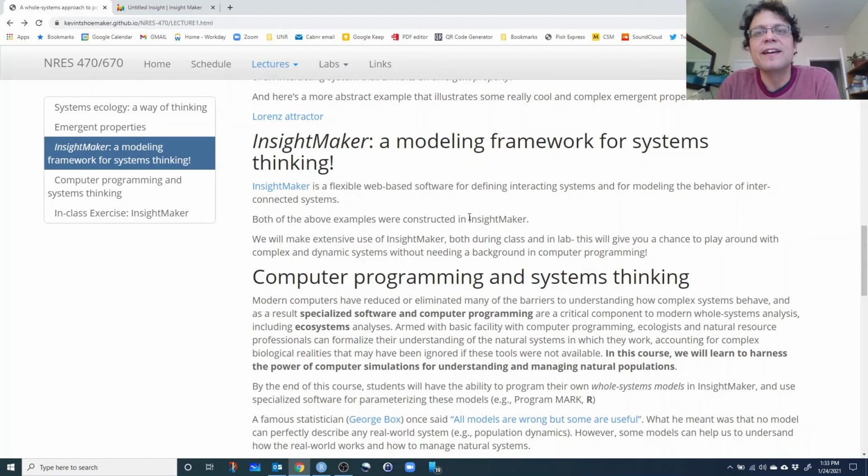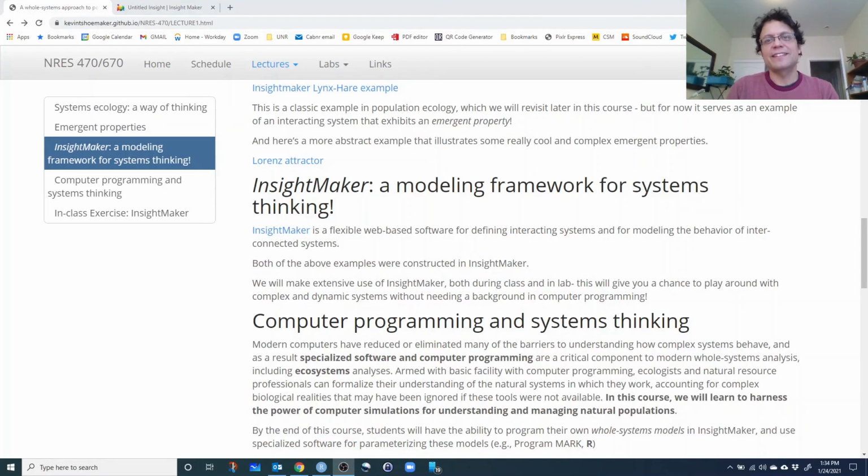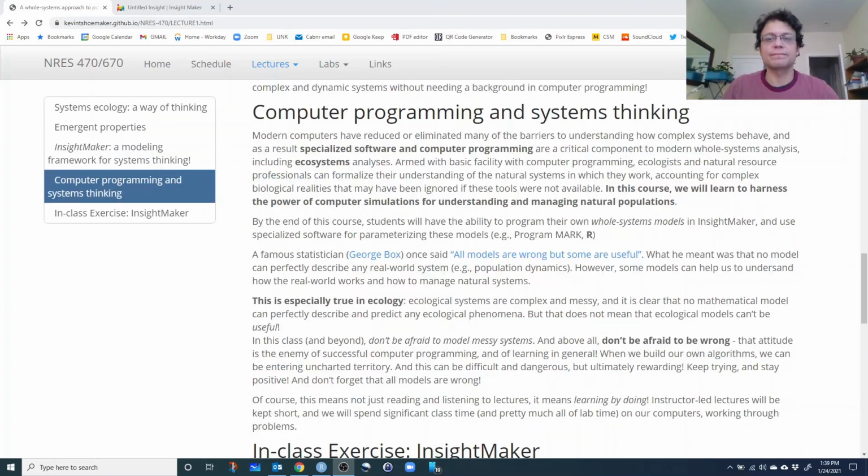It really is a powerful programming language for modeling systems. I like to think of Insight Maker as kind of a sneaky programming language because although it is powerful, it's also super easy to use. And so it's easy to forget that you're working with a programming language here.